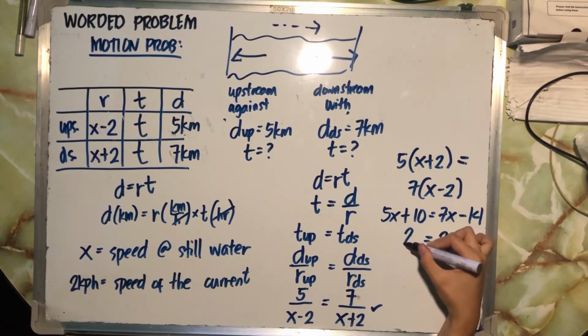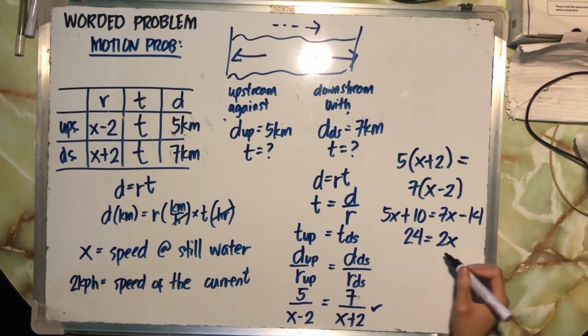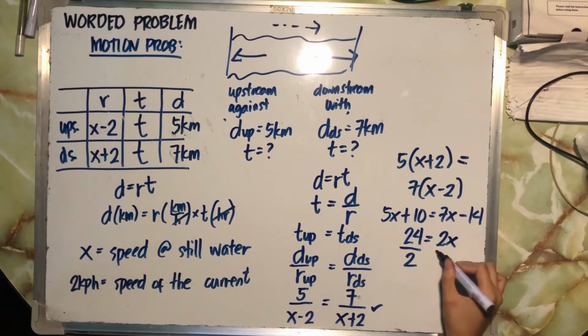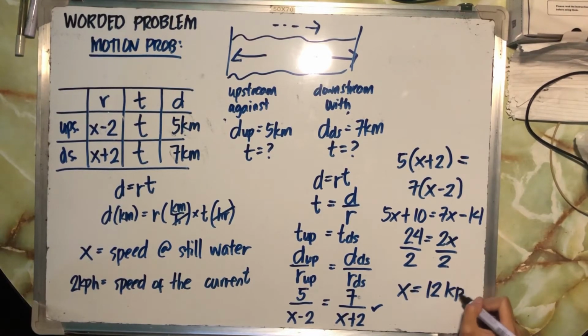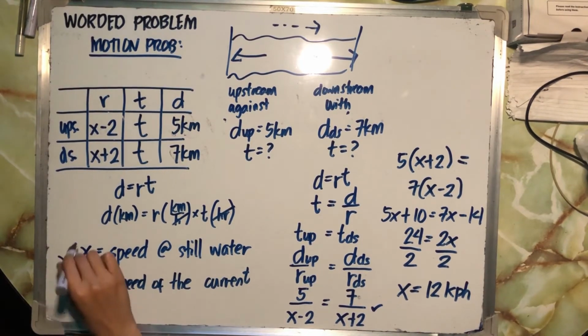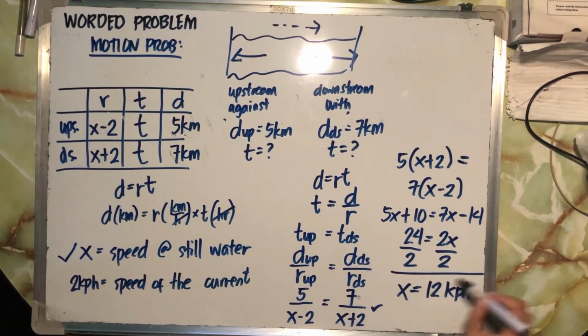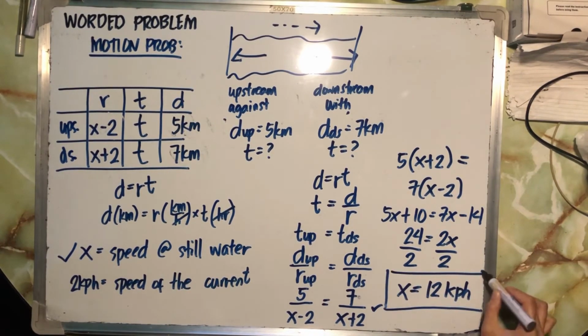On the other side, we have 24. Dividing both sides by 2 would give us x equals 12 kilometers per hour. This is x, the speed of the boat in still water. Okay? I hope you understood.